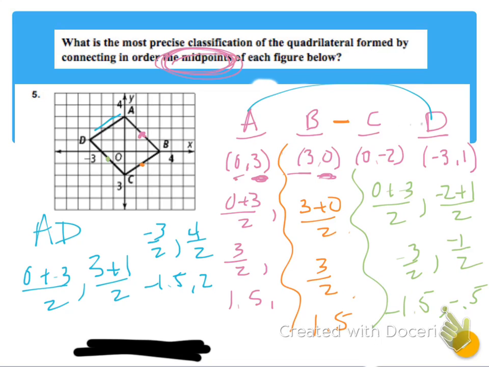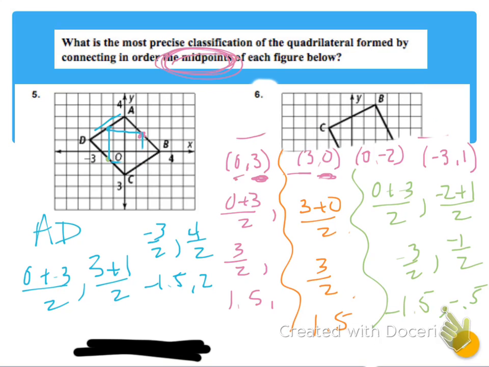So I'd go to the left 1.5, and then I would go up 2, so it would sit right about here. And then we would need to connect all our points, like so. So you can see that the classification of this quadrilateral is going to be a square. Okay, the classification of its midpoints, it looks like a square. So you can see that the inner picture that we created by connecting all our midpoints is a square.